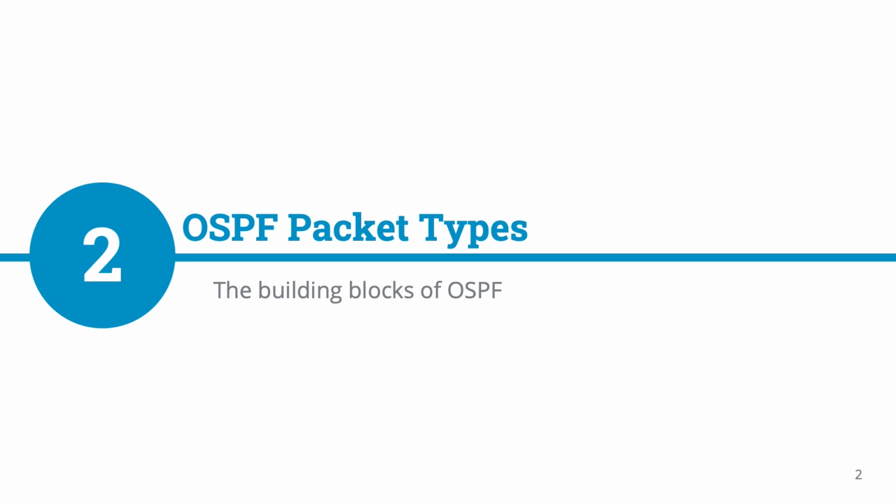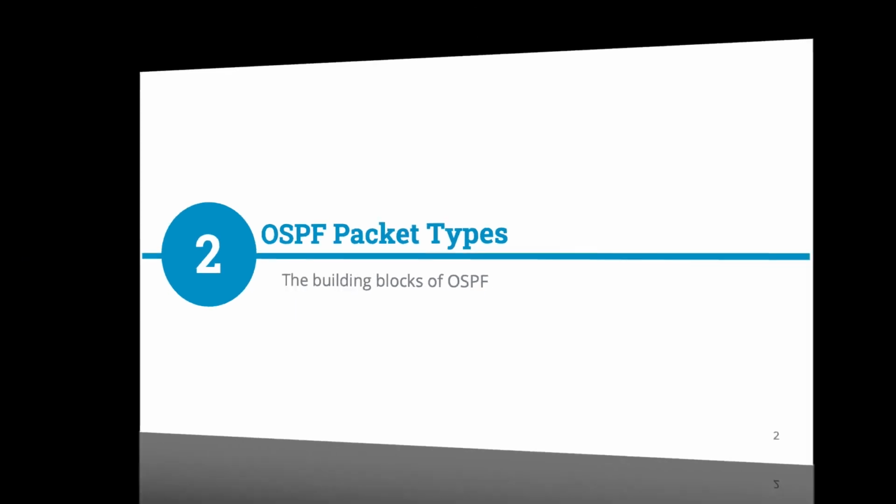Understanding the types of messages that OSPF uses is key to understanding how the protocol operates to reliably and quickly propagate network reachability information throughout the network. So, let's take a look at the packet types.